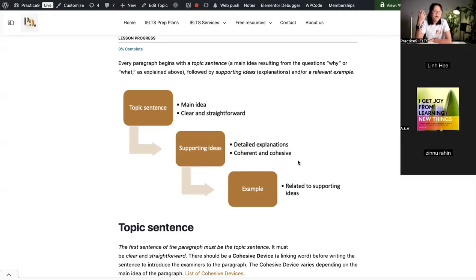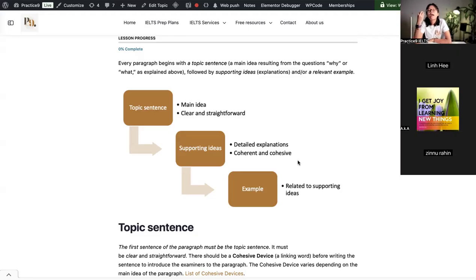The question is, the sentence, there are many reasons I disagree with the statement, or there are many reasons I agree with the statement. Is it a topic sentence? Is it an appropriate topic sentence?